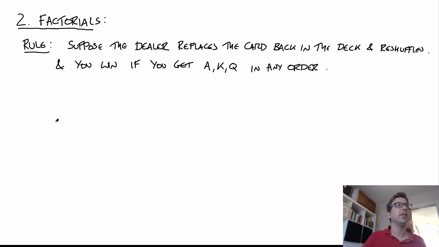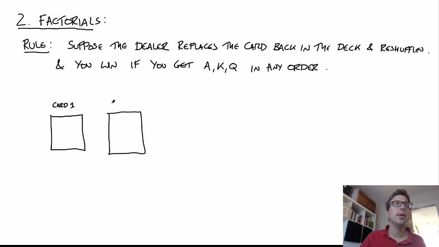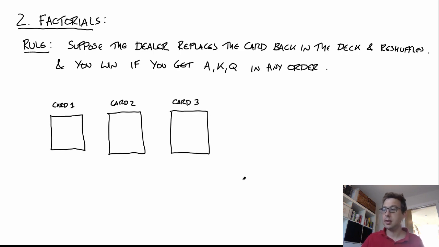So if I draw my picture again, here's card 1, here's card 2, and here's card 3. Notice that getting a queen, an ace and then a king is still a winning combination.